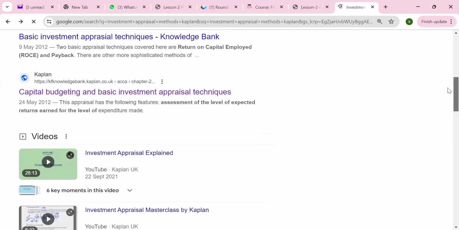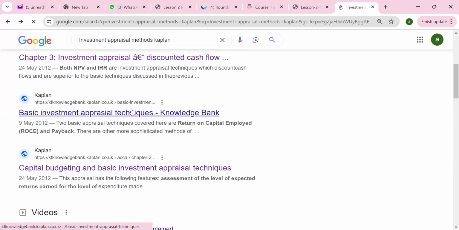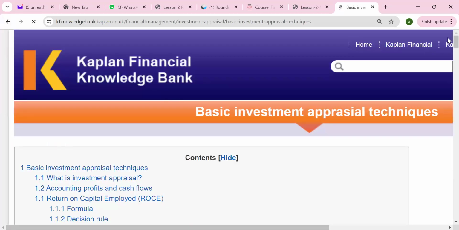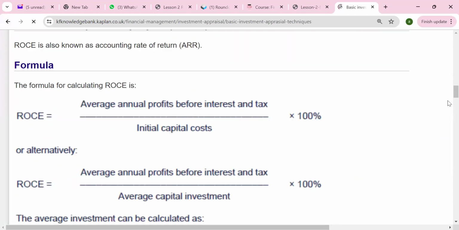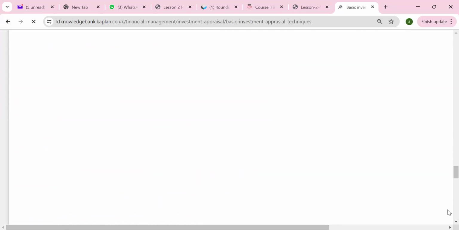Further down, you will see basic investment appraisal techniques, including return on capital employed and net present value. These are also methods of appraisal which can be used.